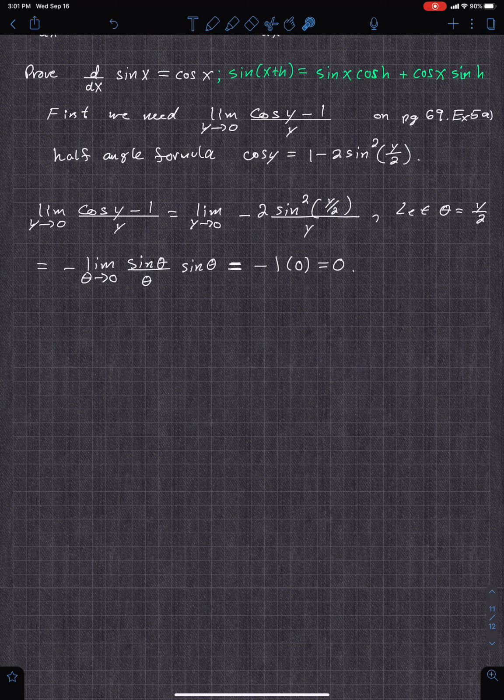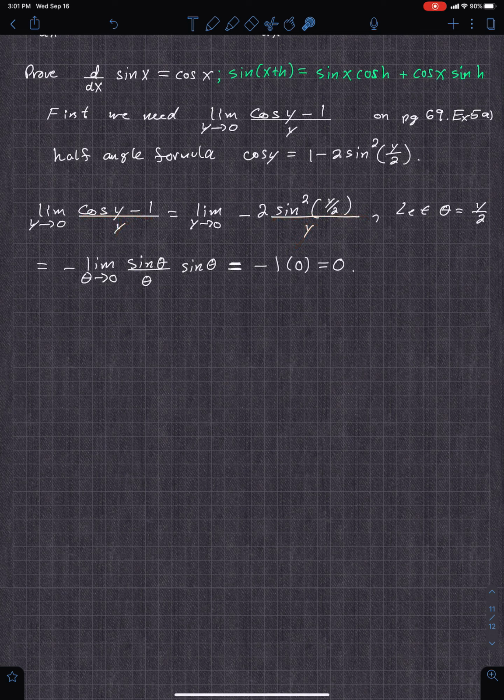All right, so to do this, we use the half angle formula, and cosine y can be written like this. And so you have the limit of cosine y minus 1 over y. And then if you substitute here for cosine y, the 1's will cancel to 0. So we end up with a negative sine squared of y over 2, and then all over y right there, like that.